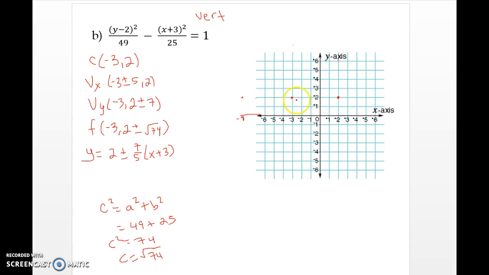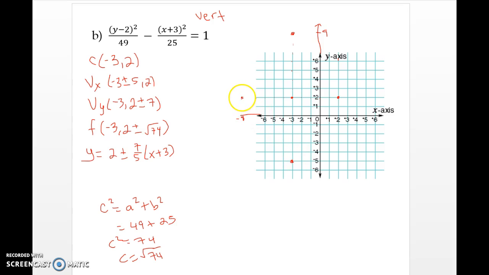Going up and down 7, my a, 1, 2, 3, 4, 5, 6, 7. And if you're doing points, that's +9. And coming down 7, 1, 2, 3, 4, 5, 6, 7 at -5.